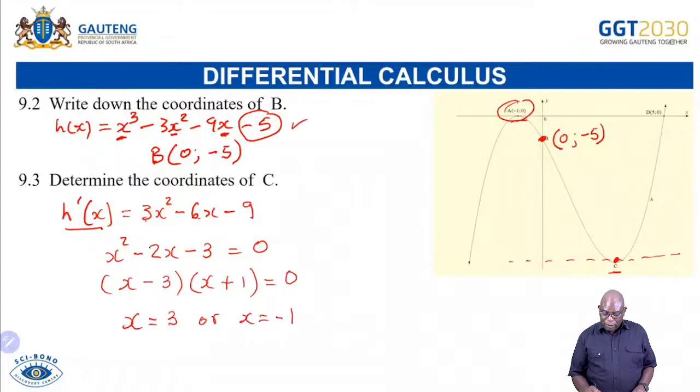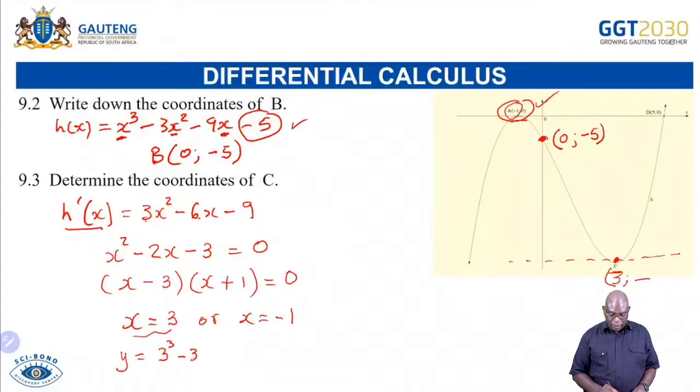Already I know that the -1 is there, but I don't know what the other value is. I know that the x value here is going to be 3, but I don't know what the y value is. So how do I get the y value? I substitute into the original equation, which will give me 3 cubed minus 3 into 3 squared minus 9 into 3 minus 5.